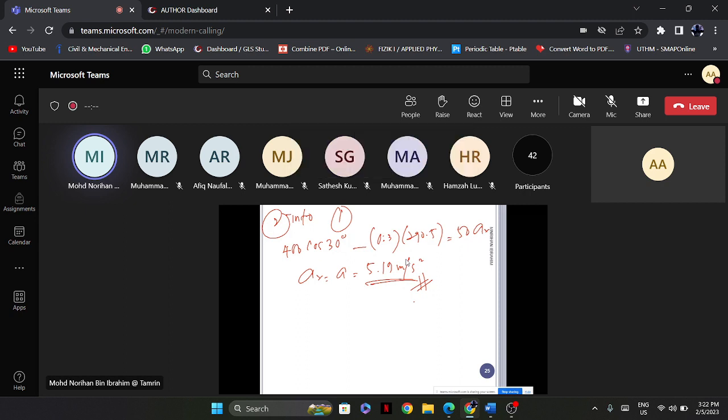So they also ask you to find the velocity or the speed of this crate in 3 seconds, right?